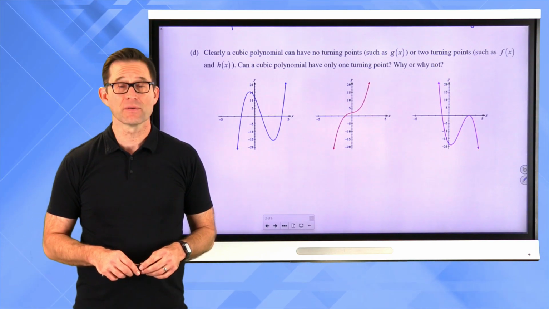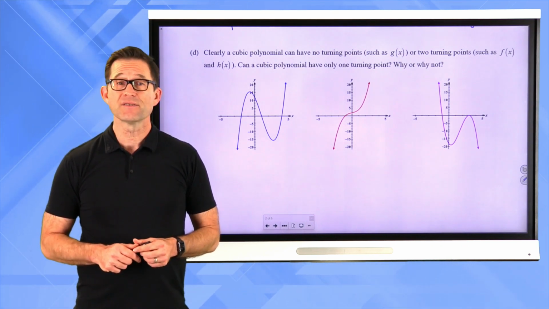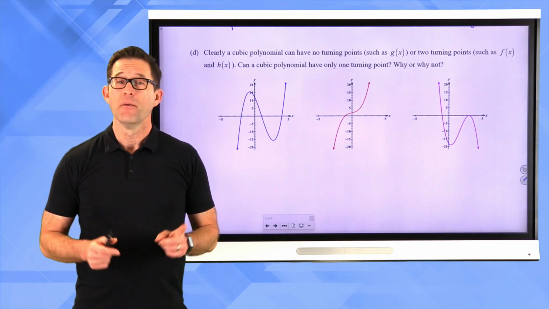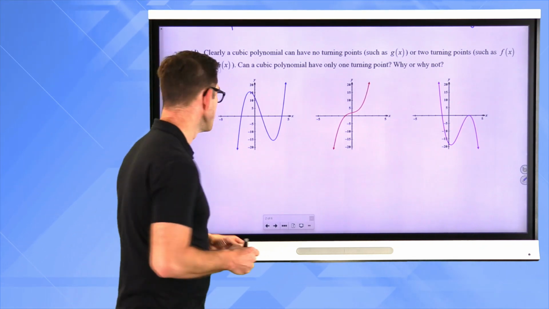The answer is most certainly no, and the reason why is if it did, its ends would point in the same direction. But cubic polynomials will always have ends that point in opposite directions.